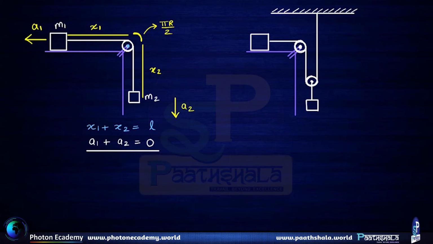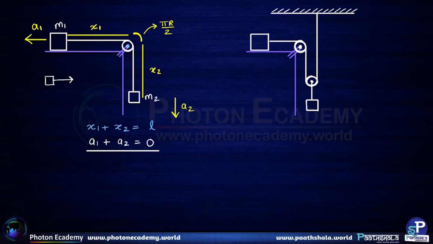Whereas if you do the force dynamical analysis of the mass m1, you can write the tension force to be towards the right. Here a counterintuitive equation is going to come, because the positive direction we have assumed to be towards the left as far as the mass m1 is concerned.